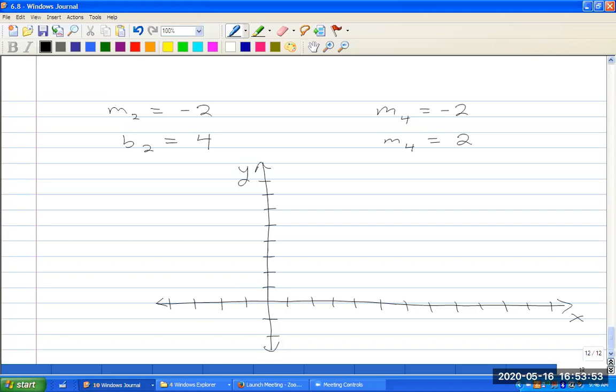I should make these a little bigger, maybe. So these tick marks are at 1/2. So at 1 and at 2, and the slope is -0.5. So you go over 2 down 1, over 2 down 1, over 2 down 1. Okay, so it looks something like this.